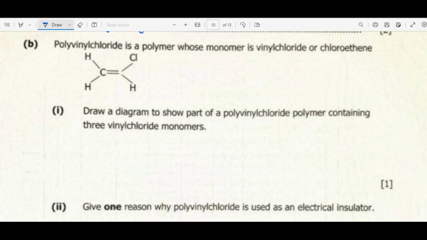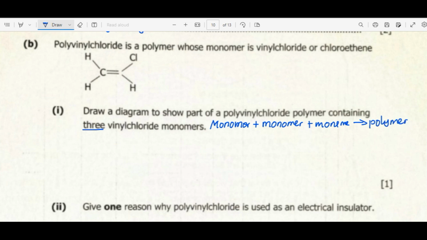So the formula is like this. We'll have monomer plus another monomer plus another monomer, since we are told to use 3. Then we are expected to get a polymer.